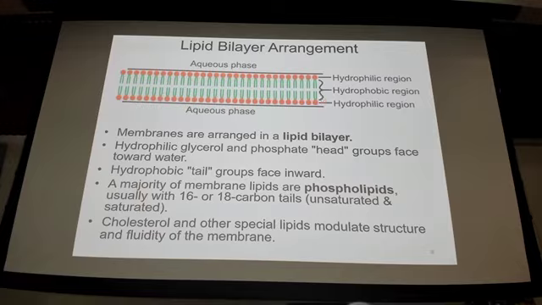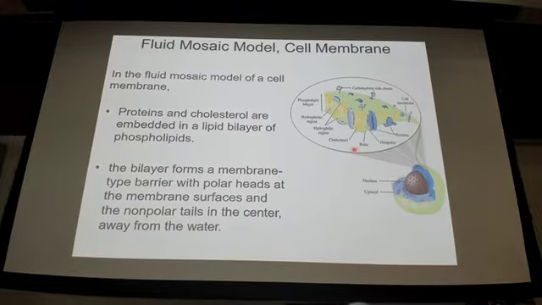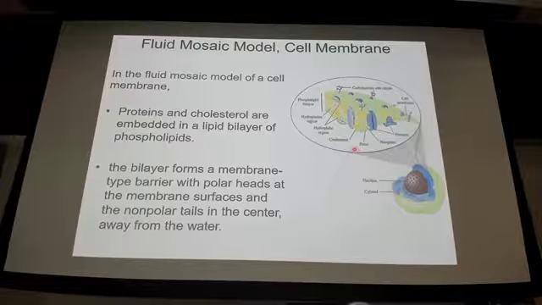This makes up the lipid bilayer. There are also other molecules that are sometimes intercalated in between the cell membrane. For example, you have cholesterol, proteins, and sometimes even sugar moieties that are associated and intercalated in between the cell membrane, and they all have specific functions. And this makes up the fluid mosaic cell membrane model.